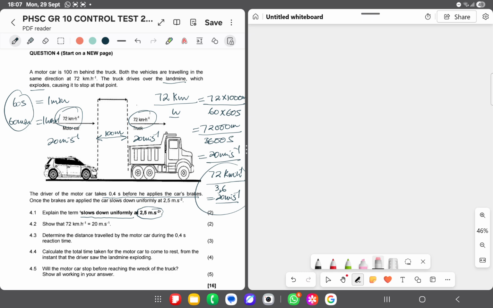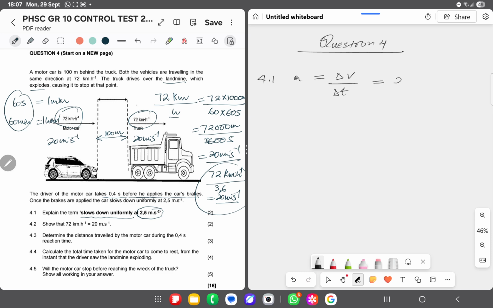Explain the term slows down uniformly at 2.5 meter per second squared. So how do you explain that one? This is question 4.1. Acceleration is the rate of change in velocity.